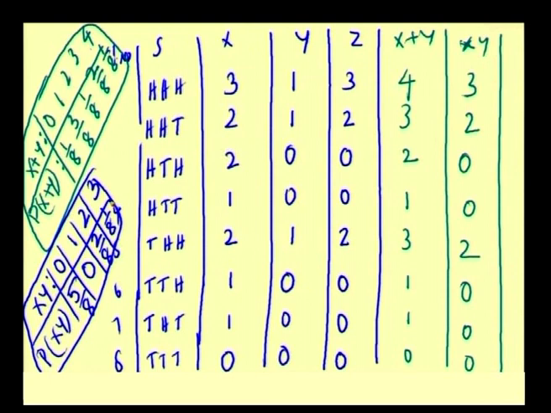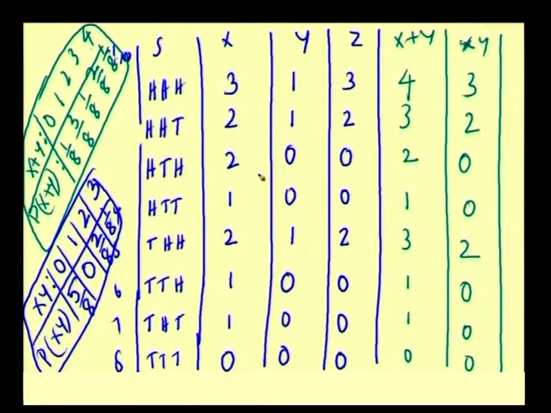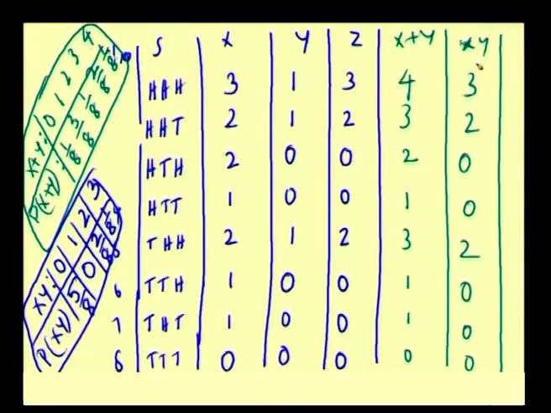Hence, we have found out the probability function for x separately, y separately, z separately, then the addition of two variables x plus y, various values have been listed out and according to the various values the probability function has been found out, and xy, various values of xy are listed out, and the corresponding probability function for xy. Hence, this sum gets over.